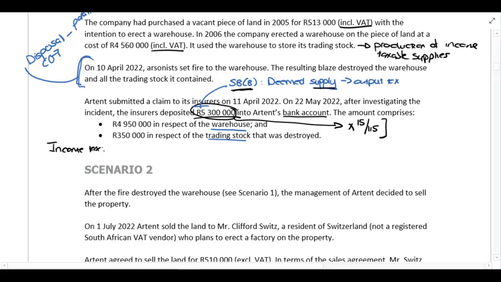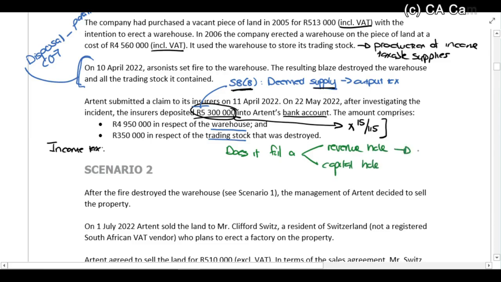Now, if you know your rules and you know your theory quite well, you'll remember that they have this whole discussion about whether it fills a revenue hole or a capital hole.